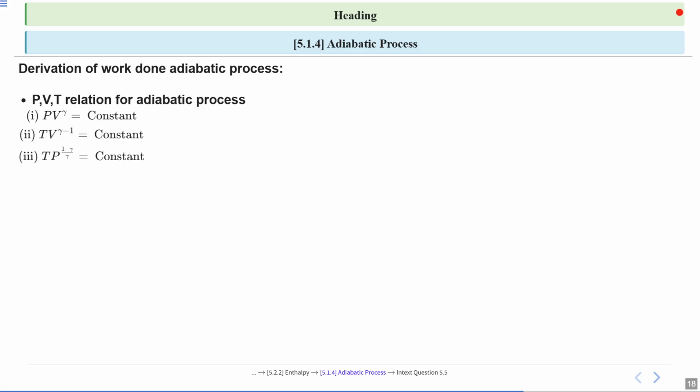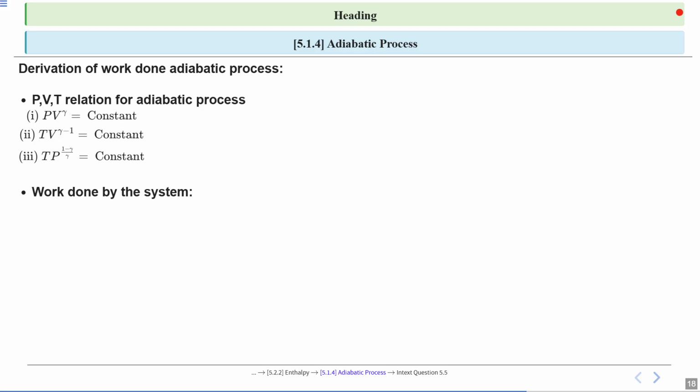Rather than writing PV is equal to constant, we write PV to the power gamma is equal to constant, where gamma is the same Cp by Cv. Then the next equation is T V to the power gamma minus 1 is constant, and the last one is T P to the power 1 minus gamma by gamma is constant. In place of this, you can also write P1 V1 to the power gamma is equal to P2 V2 to the power gamma, because both are equal to a constant, so we can just equate both situations. Remember, this is only applicable for adiabatic processes.